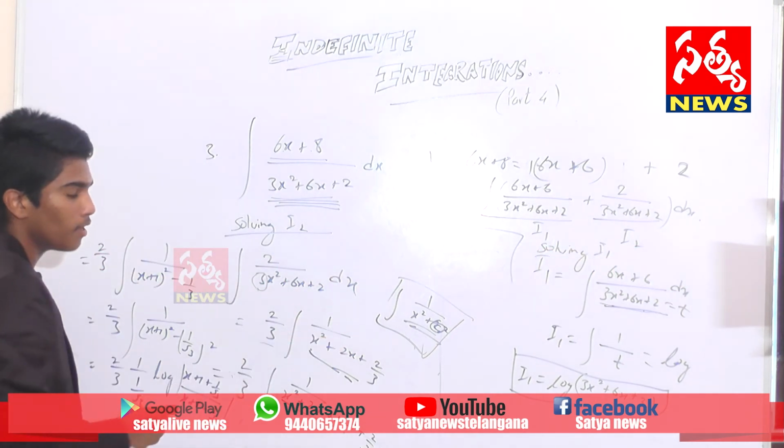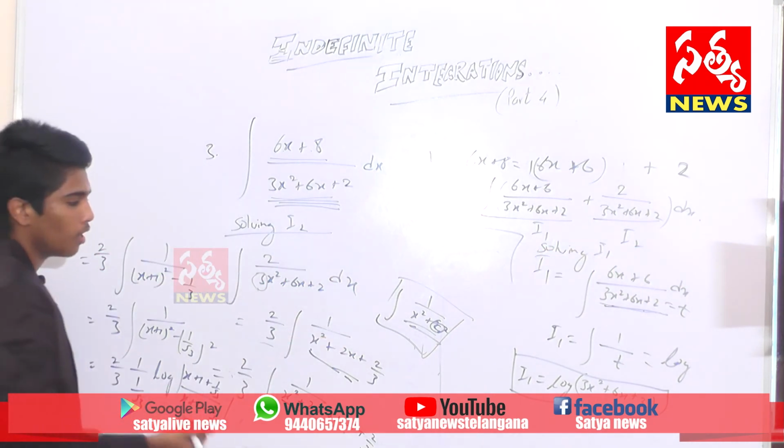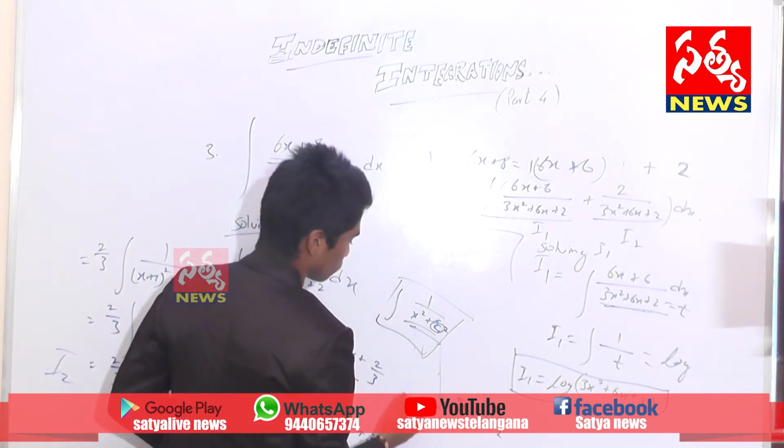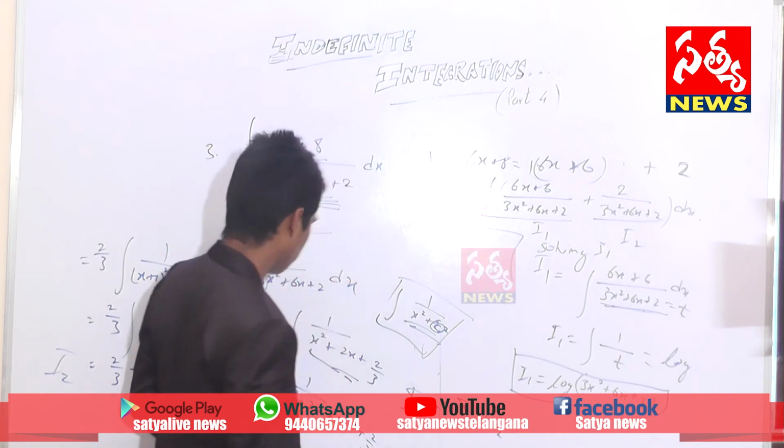For writing combinedly, we get the final answer. I1 plus I2 is our final answer. I is equal to I1 plus I2.